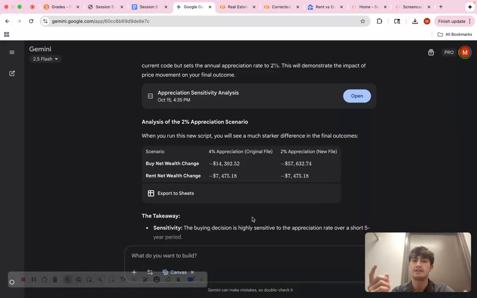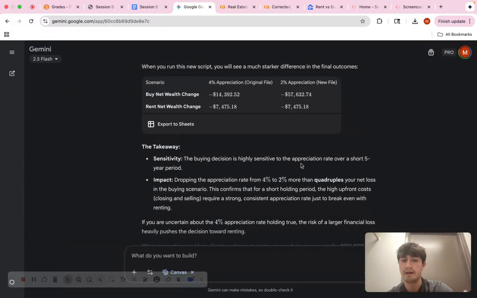So I wanted to see. So right here we can see that appreciation went downwards, so our net wealth change also goes downwards. So getting that from that, higher appreciation is better for this particular scenario and in general.